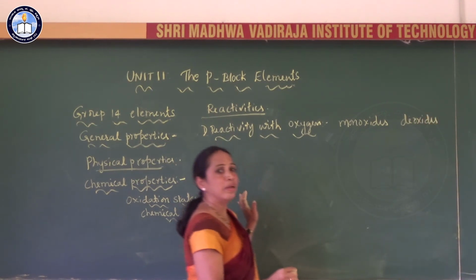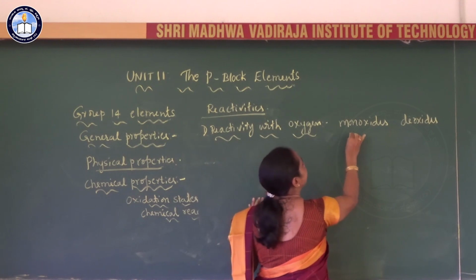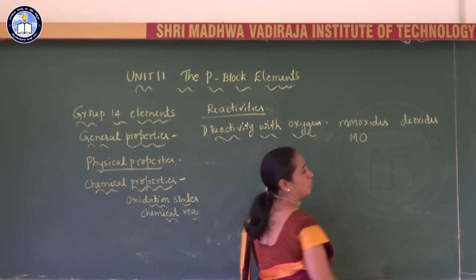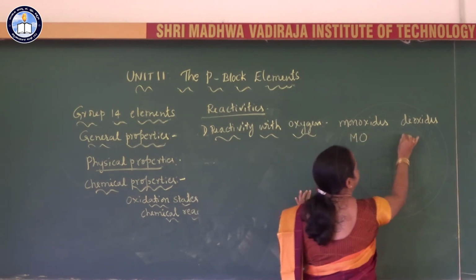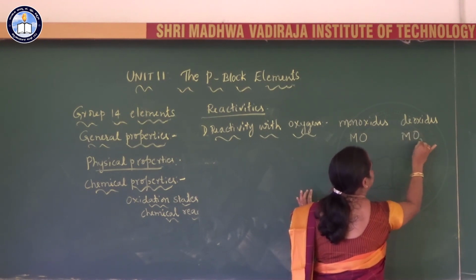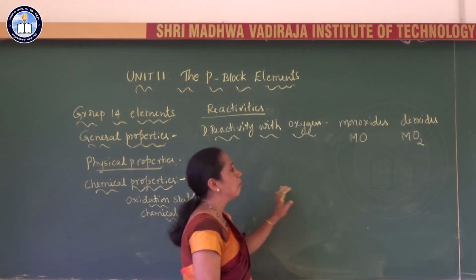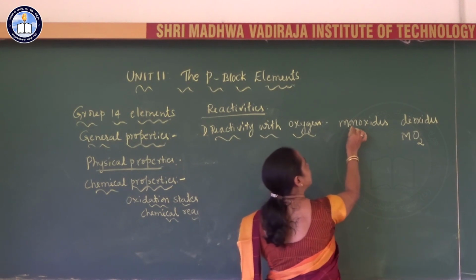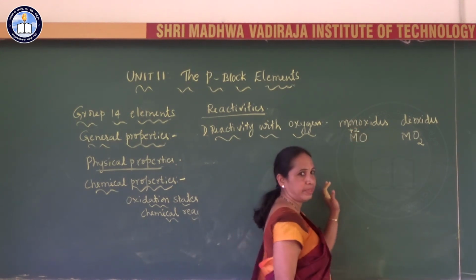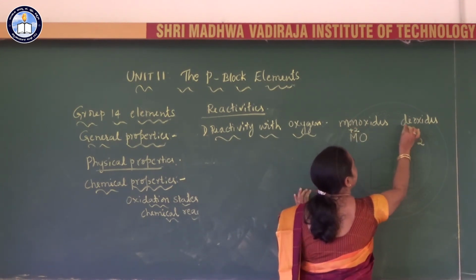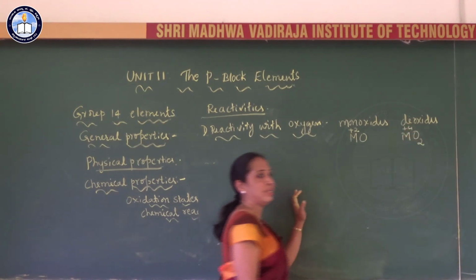Monoxides have the general formula MO and dioxides have the general formula MO2. In monoxides the metal is in +2 oxidation state, in dioxides it is in +4 oxidation state.